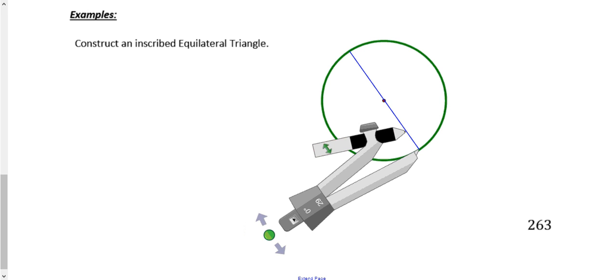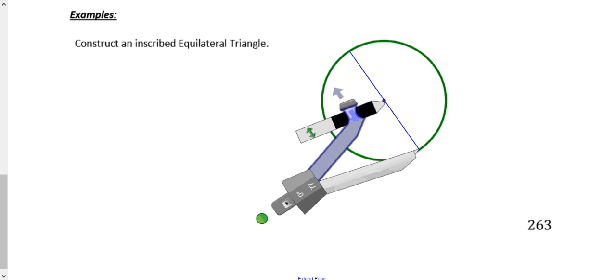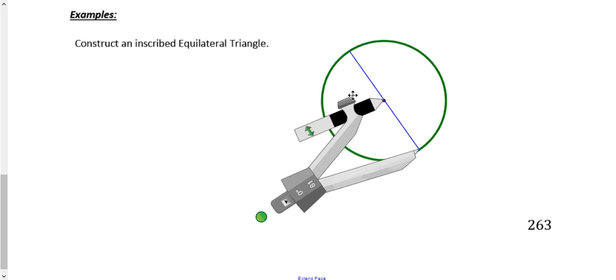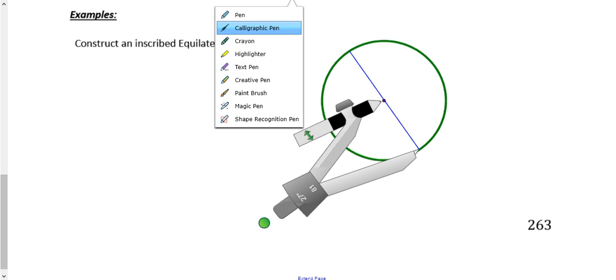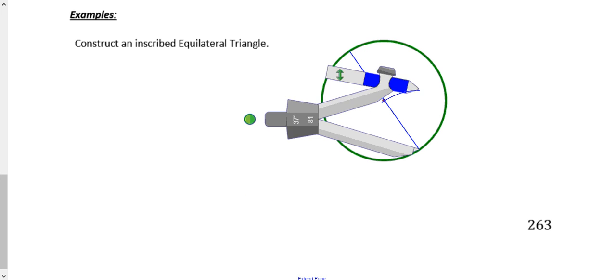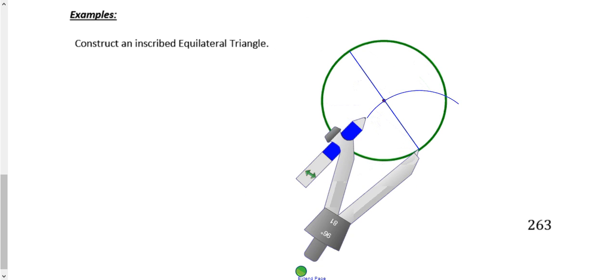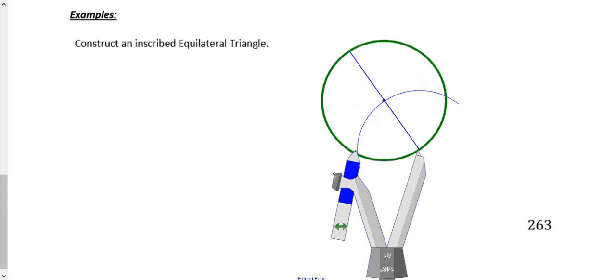We're just measuring the radius, aren't we? So I don't need to make that full circle, right? You can if you want, whatever.